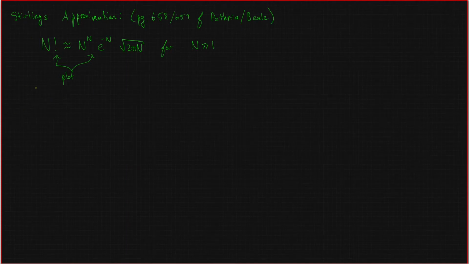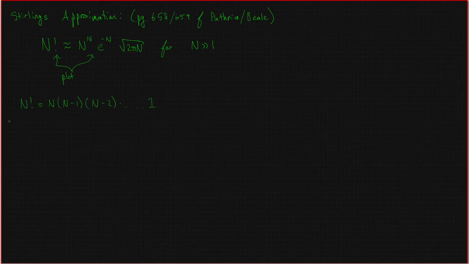But we can also convince ourselves that this is likely the case, even if we can't rigorously derive it at this point in time. So we know that factorial just means that we're going to take n, multiply it by n minus 1, multiply that by n minus 2, and then on and on and on until we get to the end.